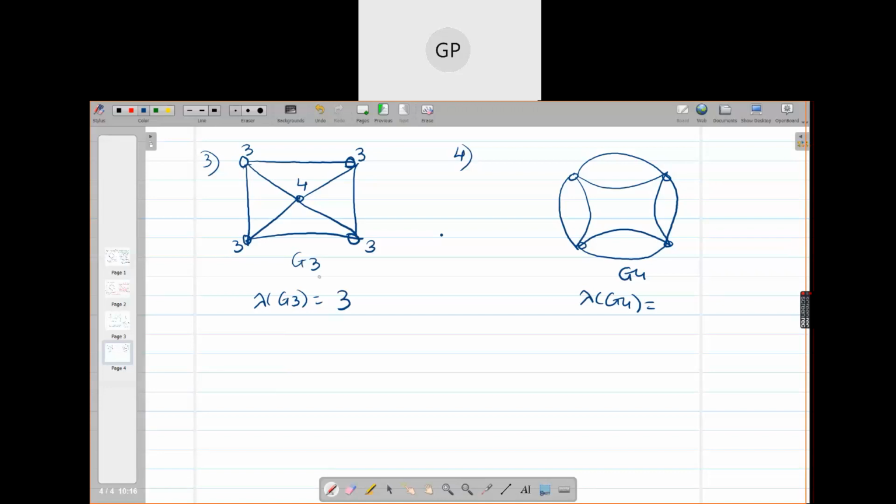What is lambda of G4? Fourth one. 4. Because it is a 4 regular graph. Degree of every vertex is 4. So you will have to delete 4 edges. Then only the remaining graph is going to become disconnected. So I hope you have understood the edge connectivity concept.